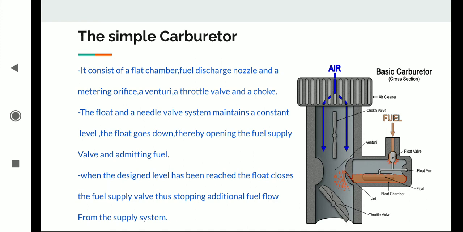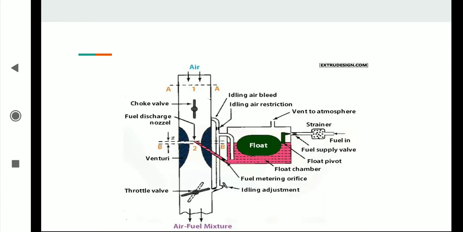The float and needle valve system maintains a constant level. When the level goes down, the float goes down, thereby opening the fuel supply valve and admitting fuel. When the designed level has been reached, the float closes the fuel supply, thus stopping the additional fuel flow from the supply system. During the suction stroke, air is drawn through the venturi.